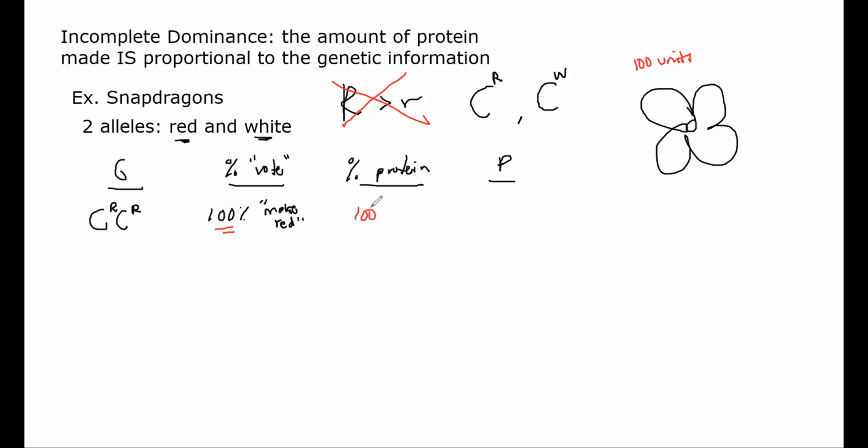We're going to make 100% of that red pigment. And when that red pigment is injected into the petals, it's going to produce a phenotype, which is that our flowers are going to be red.